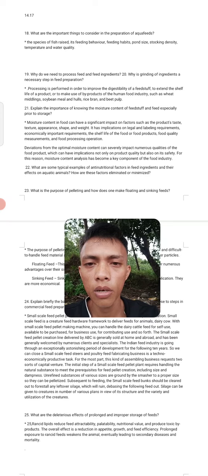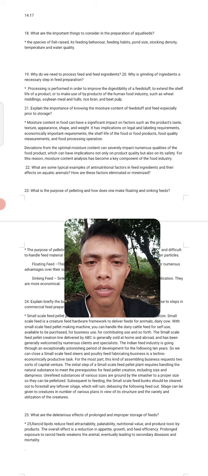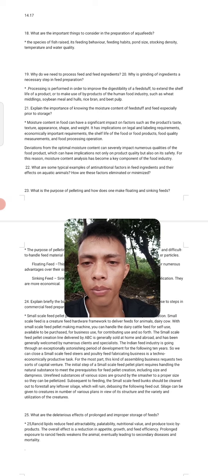Deviations from the optimal moisture content can severely impact numerous qualities of the food product, which can have implications not only on the product quality but also on safety. For this reason, moisture content analysis has become a key component of the food industry.